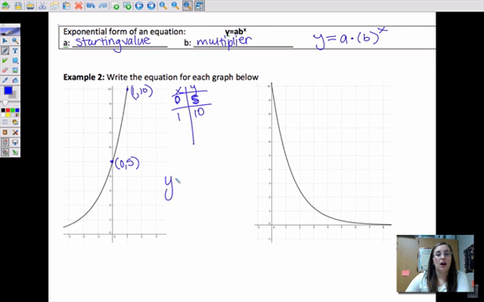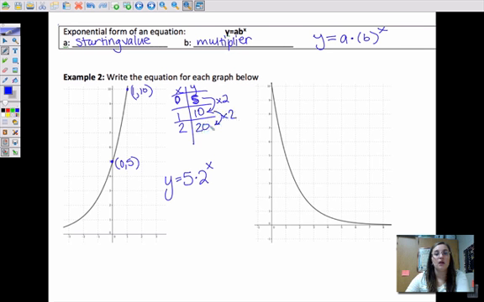So I'm going to use y equals 5 times, and then I'm going to do the multiplier, which looks like it's doubling. It's timesing by 2, so 2 to the x power. Basically, after every single x, we're going to multiply by 2 that many times.